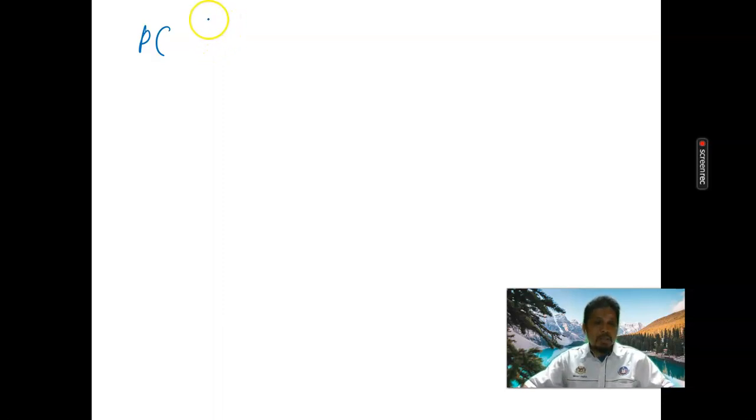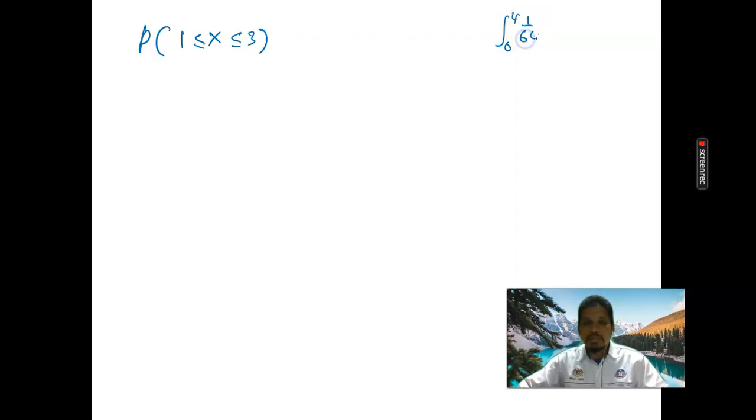Which one then? Probability of x greater than or equal to 1 until 3. Just now we already agree that the integral from 0 until 4 of k, which is 1 over 64 x cubed dx, gives you equal to 1.